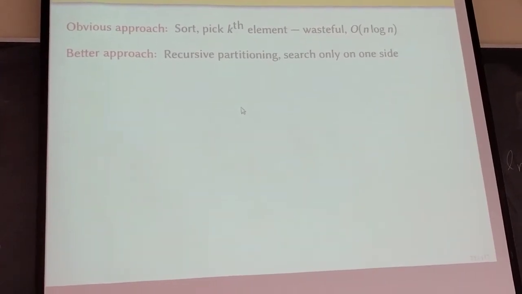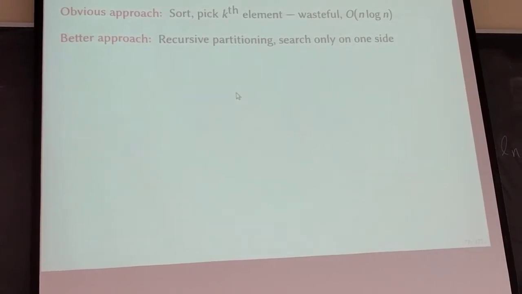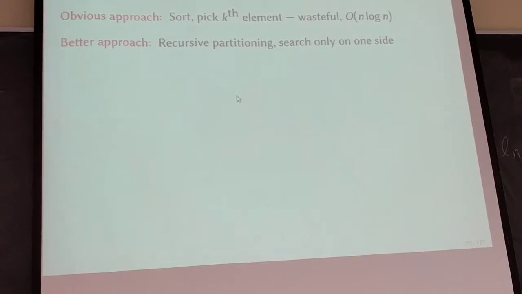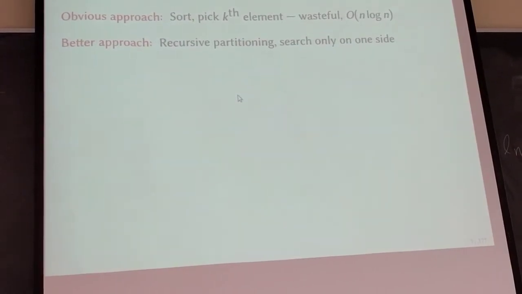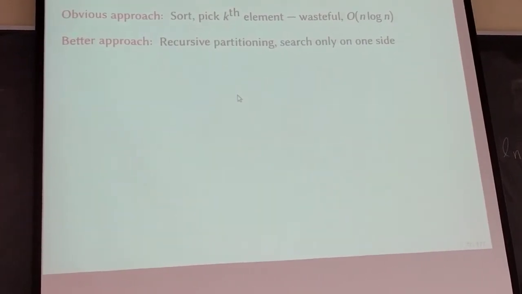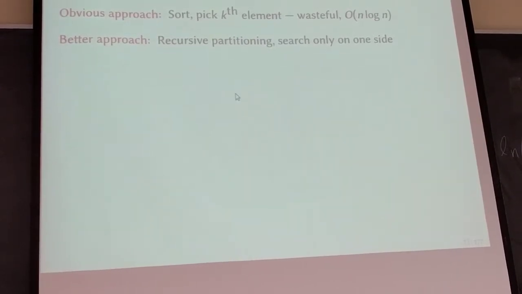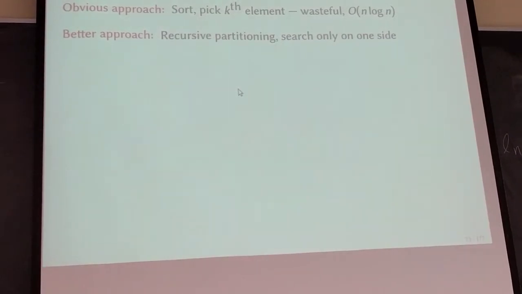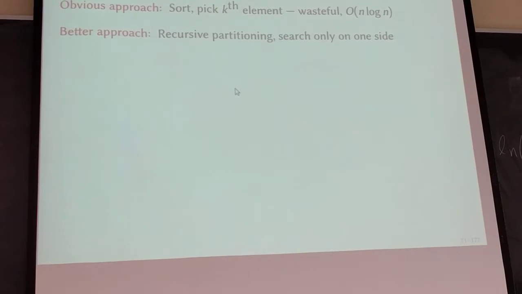By using operations other than comparison, you can get linear time sorting. So that's the summary. Now we will branch off to the closely related problem of selecting the kth largest element. Of course, the most obvious way to do it is to sort, and now you know which is the kth largest or kth smallest element, and you can pick it, right?